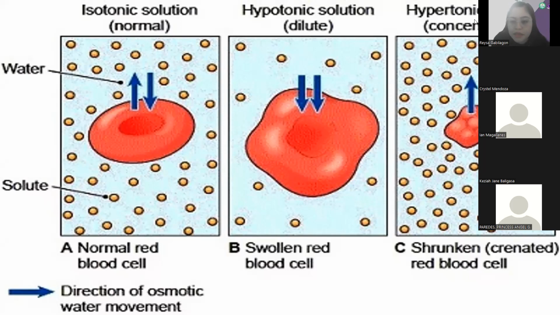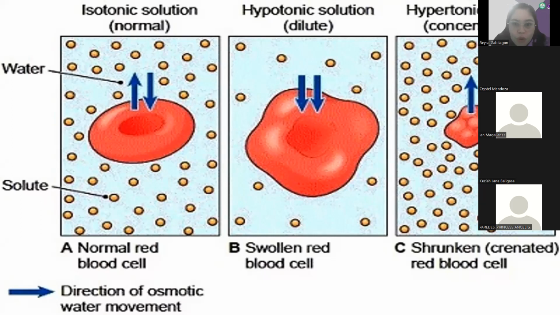The red blood cell will shrink and hindi din siya magfa-function normally kasi nga nag-shrink na siya. We call that class crenation or crenated red blood cells. So example of a hypertonic solution, example seawater. Yung seawater na yan, maraming asin yan. So that is considered very concentrated or a hypertonic solution. Therefore, we cannot give that directly or we cannot inject that directly to the vein. Magkakaroon ng shrinking ng ating cell.